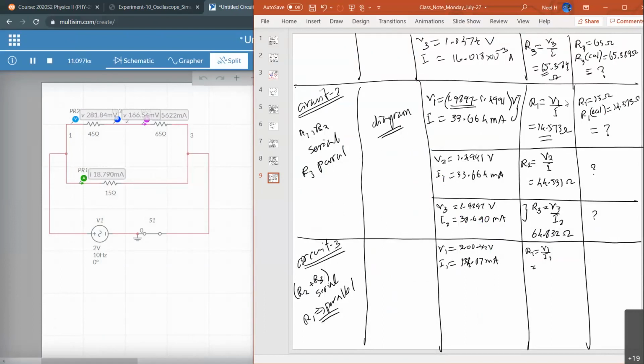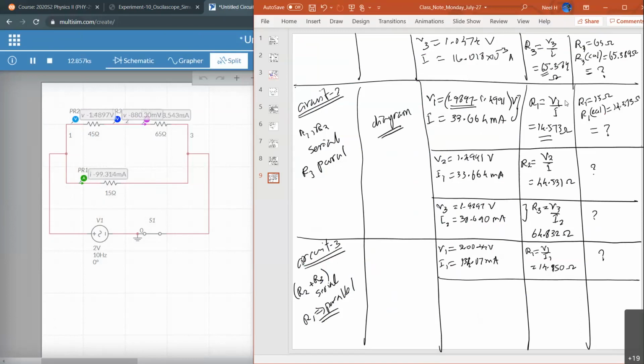What's the voltage? 2.0044 divided by 134.07 times 10 to the minus 3. So I'm getting 14.95. I'm expecting 15, right? 14.950 ohms. Now you have to compare this with the resistor 15. So that is the resistor number 1.